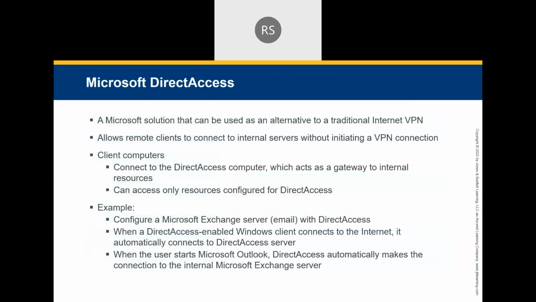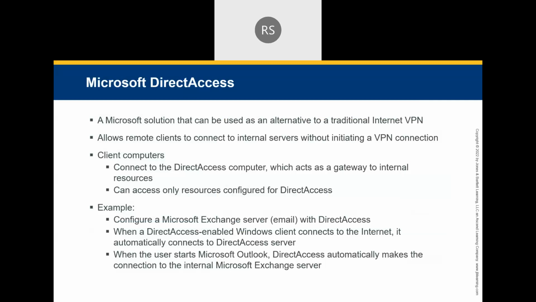Also, DirectAccess can be configured to allow access only to resources specifically configured for DirectAccess. So, this just enhances your security by restricting access to sensitive internal resources. So, we see the example where you configure a Microsoft Exchange server with DirectAccess.